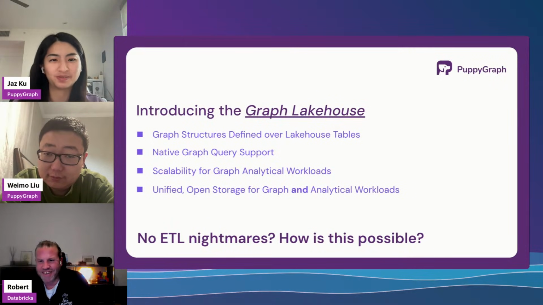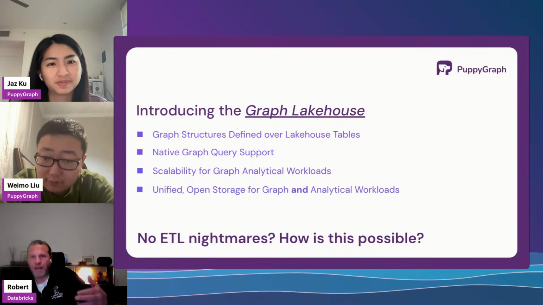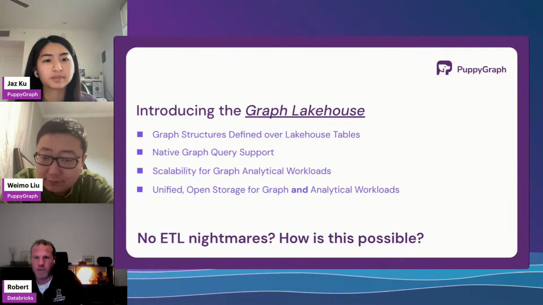Just for me to understand, what we're doing when we're setting up this PuppyGraph instance is not moving any data around anywhere, but we're just on the metadata layer, mapping our physical data that we can still query and still write to with whatever query engine we have.